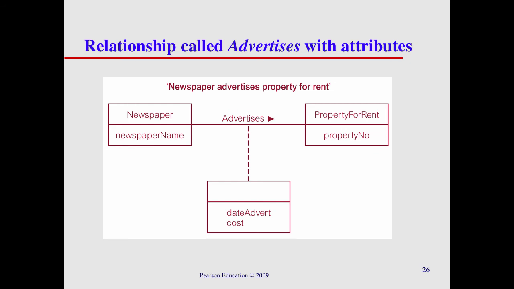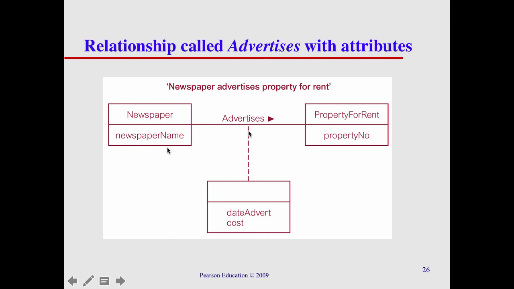So first of all, just some stuff. If a relationship has attributes, you list the attributes in a separate box with, as you can see here, you don't actually label the top because it's not an entity. So it looks like an entity, but it's not. You list the attributes, and then you attach it to the relationship line with a dotted line.